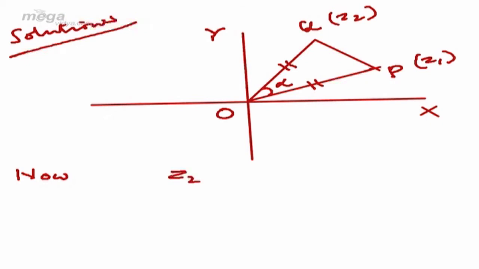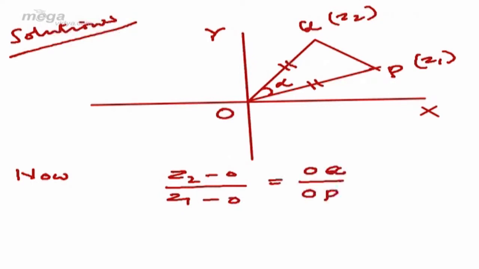So we get (Z2 minus 0) upon (Z1 minus 0) is equal to OQ upon OP e to the power i alpha. So Z2 by Z1 is equal to e to the power i alpha, since OQ is equal to OP. Now, the equation given is Z square plus PZ plus Q is equal to 0.